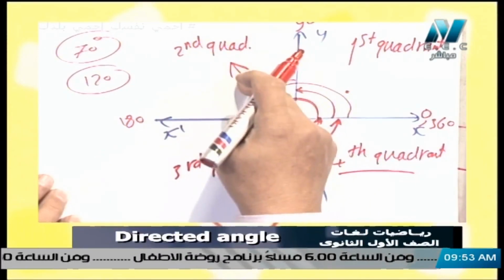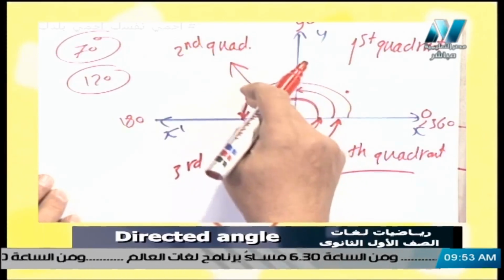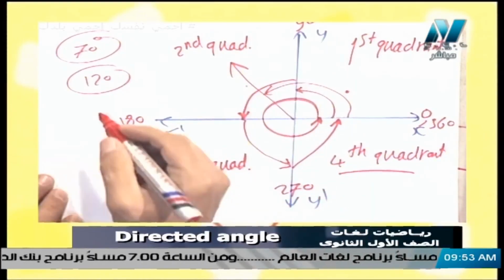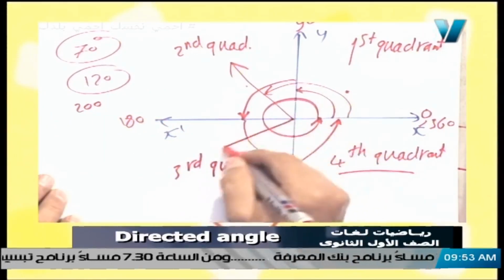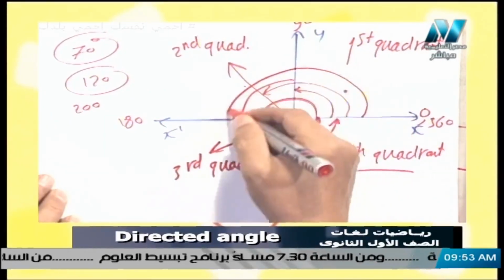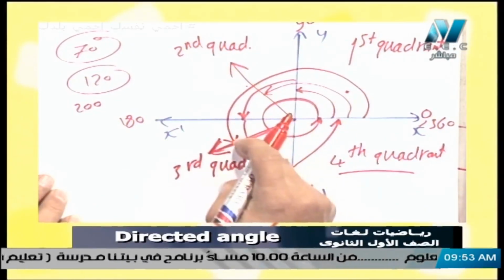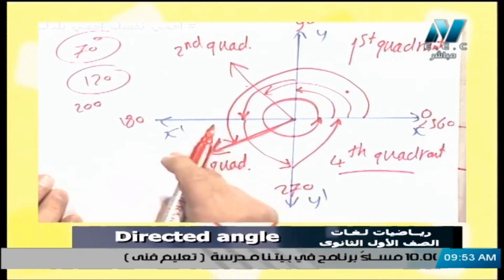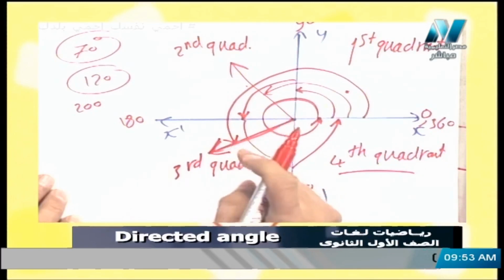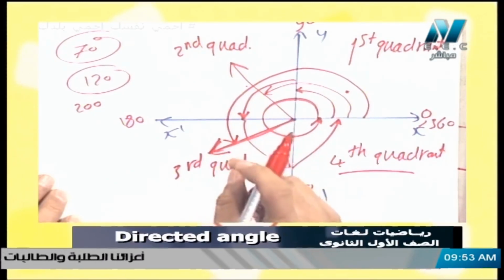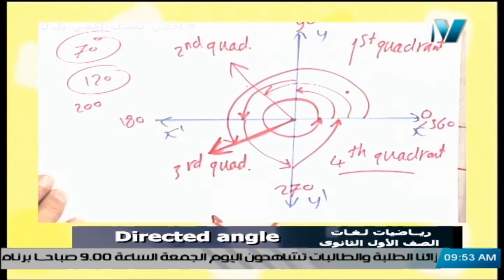If we have an angle 200, as an example, it will be like that here. Its terminal side is this side. So this angle lies in the third quadrant. The angle lies in a specific quadrant means that the terminal side lies in the same quadrant.